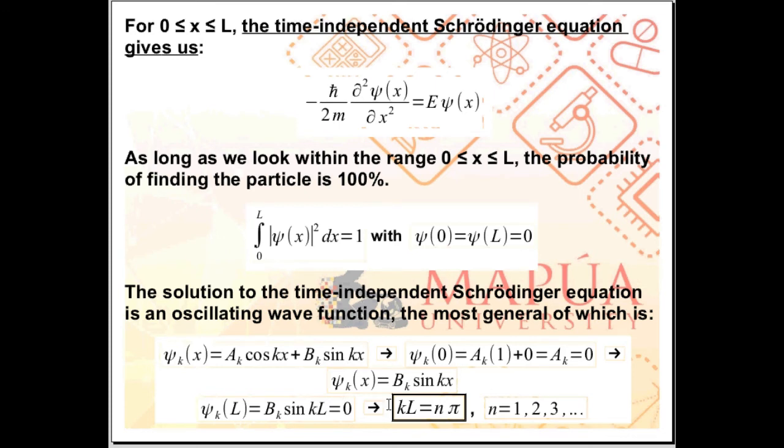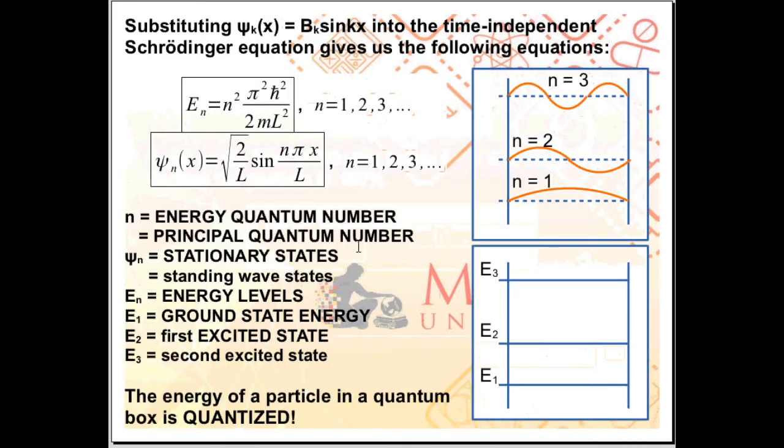If we use this equation of small psi in our time-independent Schrodinger equation and in our equation for probability, we end up with the following equation for energy.